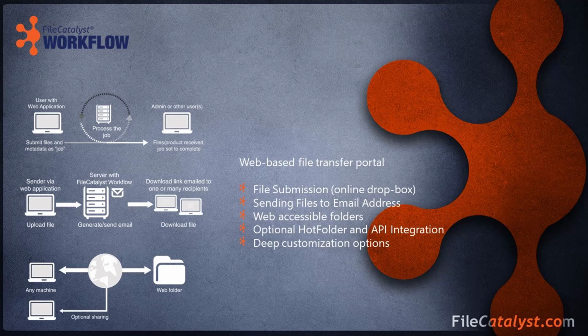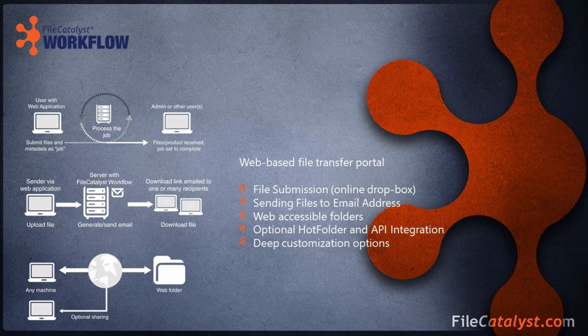You can have two-factor authentication for the downloads via links, and it gives you more customized options for these transfers. The last option in the workflow allows you to create web folders and share them, which can be connected also to a hot folder or API, and then users can share data sets and upload and download with a full history.